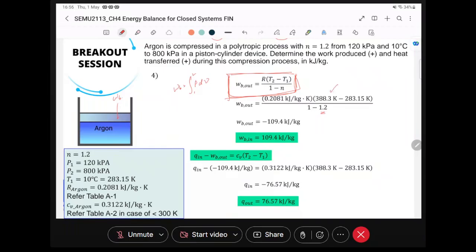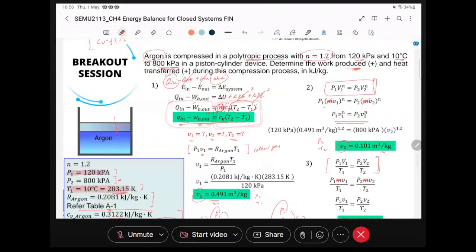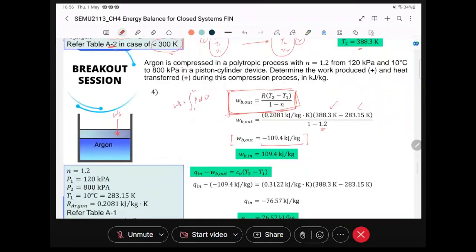So then plug in the temperature, and we're able to find out this. And you notice that this is work in. Even though we take it as a negative, eventually you see we get a negative out from it. So really this is a positive work going into the system.